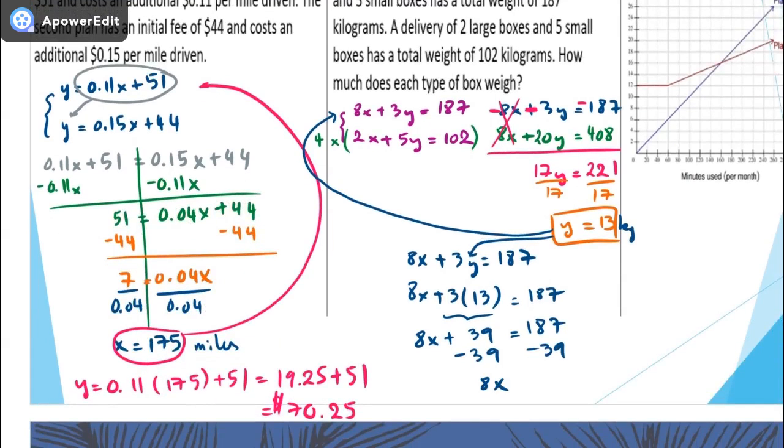So 8x equal to 187 minus 39. That will give me 148. Then we divide by 8 on both sides. So x equals 18.5 kilograms. That is the weight of the larger box. The small box is 13 kilograms and the big box is 18.5 kilograms. And that's it for number 2.